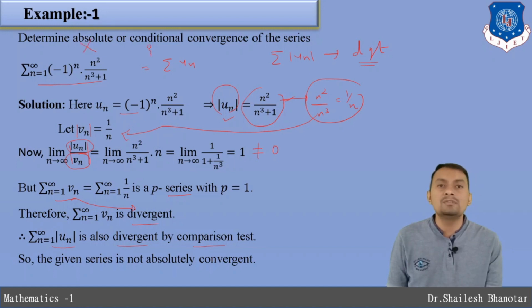But what about conditional convergence? Conditional convergence says that the series of absolute values must be divergent, and second, that the series itself must be convergent. The first condition holds, and I want to show that the second condition, convergence, also holds. Since the terms are alternating, we have an alternating series.